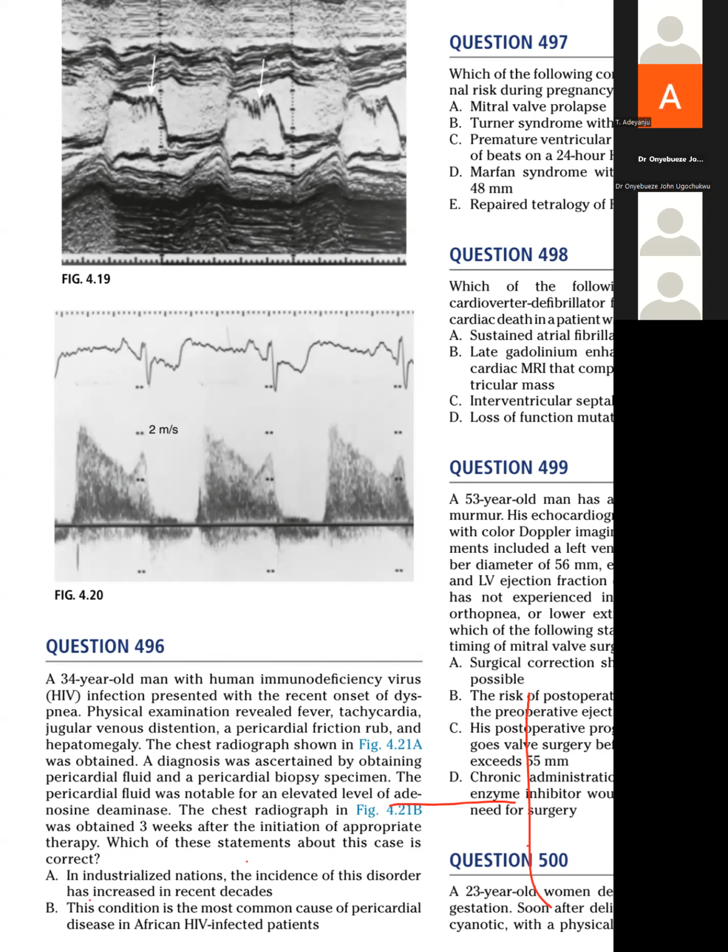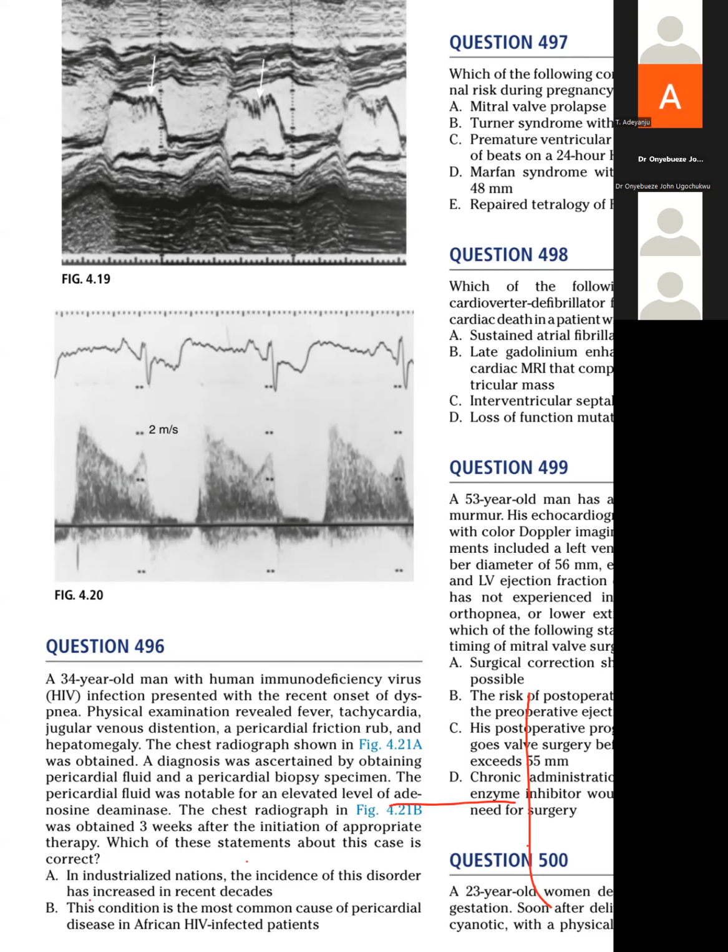You can also do the pressure half time, taking the slope from the peak to the notch, and use that to estimate the area. From 2D, you can also use planimetry to estimate the area in this sort of patient. So we are seeing a tracing of mitral stenosis.